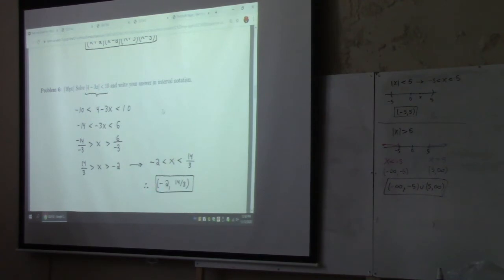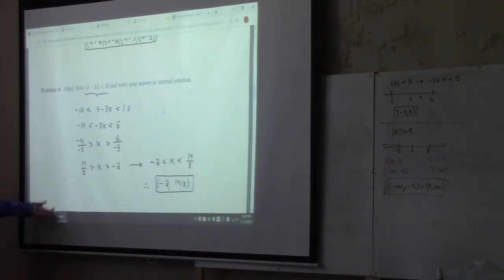Instead of this, you'd have minus infinity to minus 2 unioned with 14/3 to infinity. Because there's this dichotomy, right? If something is not less than it, it's greater than or equal to it. So if you can solve the less than problem, you flip the answer over and pick everything else that's not in the answer, and that would be the answer to the corresponding question. But anyway.